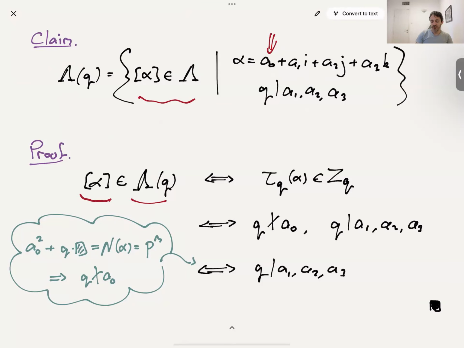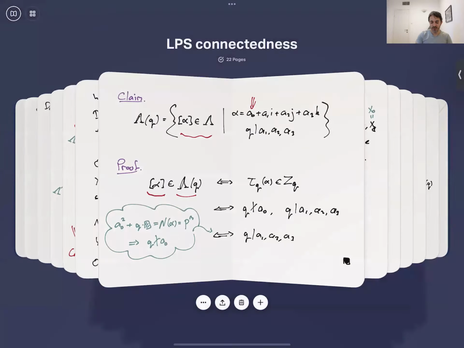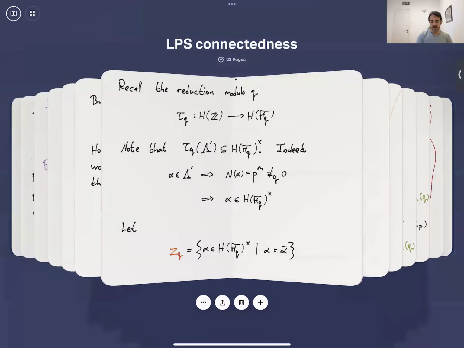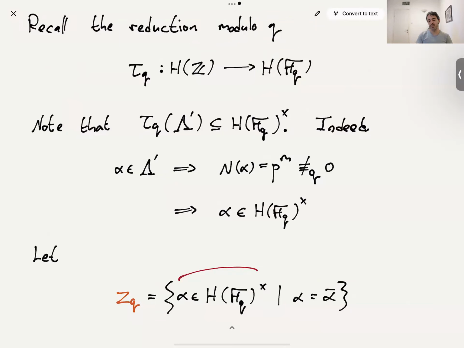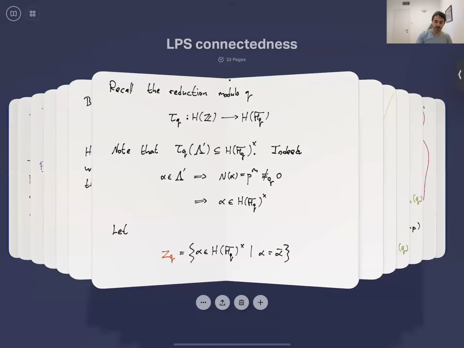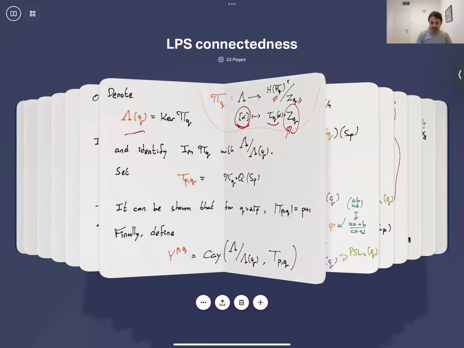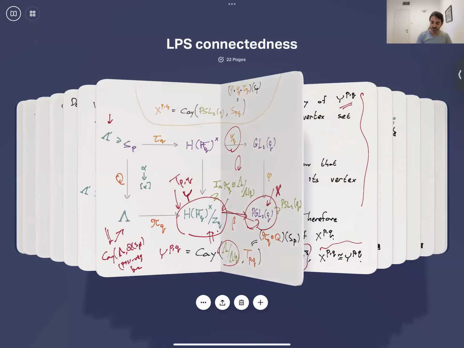Now, being in zq, if you remember the definition of zq, these are all the invertible quaternions modulo q that are real, namely, they have no imaginary parts, which just means that the imaginary coefficients are divisible by q, and the real one should be invertible, so not divisible by q.